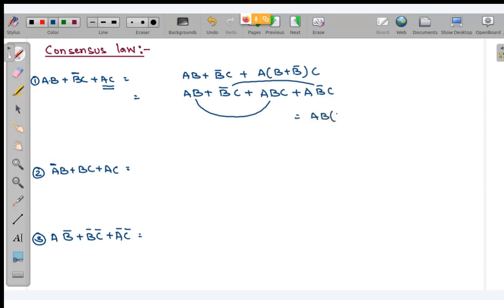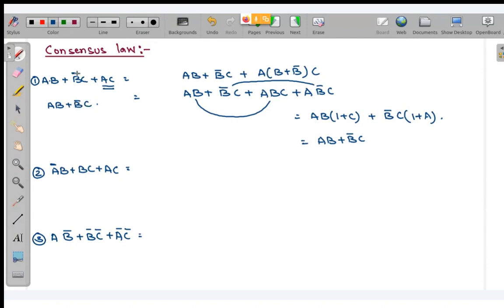AB common, so from here 1 plus C, and if I take these two, plus B bar C times 1 plus A. So this comes out to be AB plus B bar C. Is this clear? Tell me.